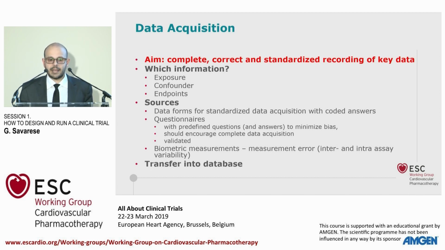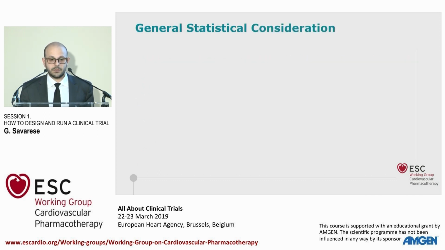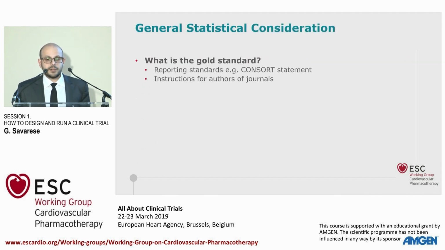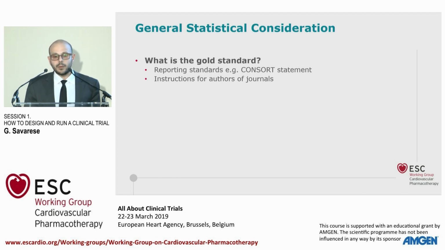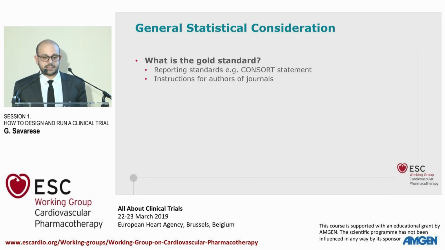They could be like ICD codes from electronic health records and so on, or could be collected by questionnaires, or it could be like biometric measurements and so on. Once data are collected, they have to be transferred into a database, of course. Some general statistical considerations, then tomorrow we will have hands-on sessions on statistics.